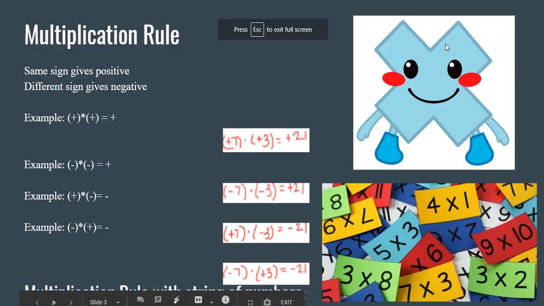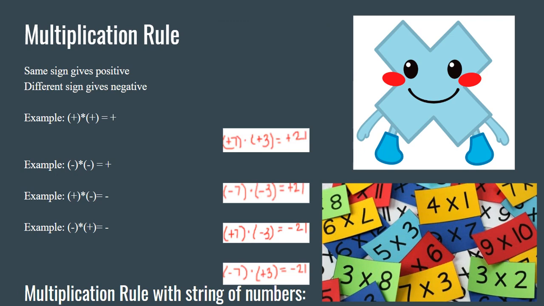Next is the multiplication rule. Same sign gives positive, and different sign gives negative. So for example, positive number times positive number equals a positive outcome. Another example, negative number times negative number also equals a positive outcome.